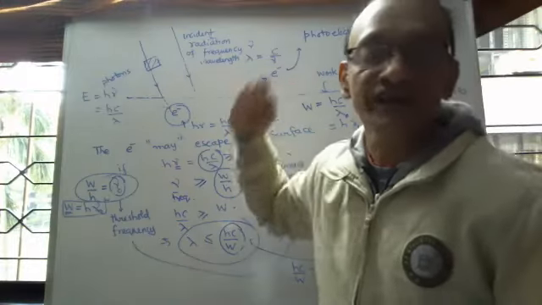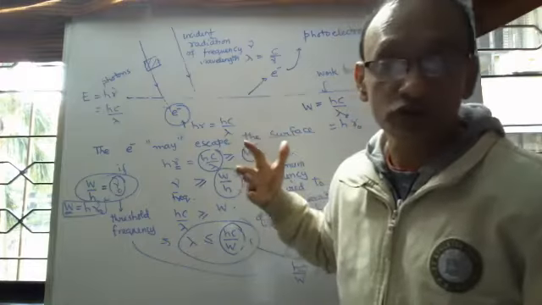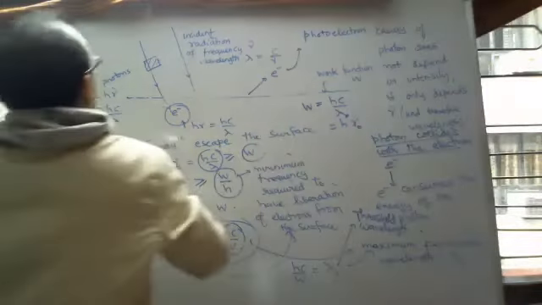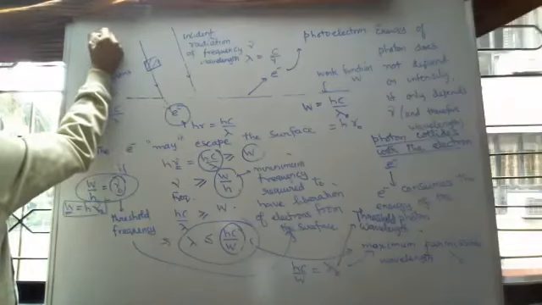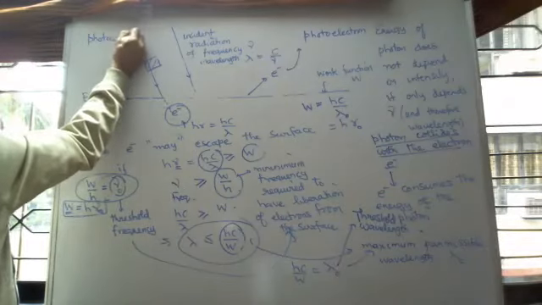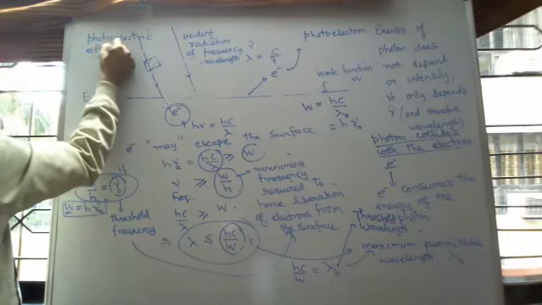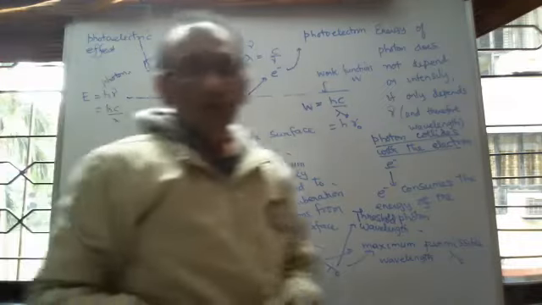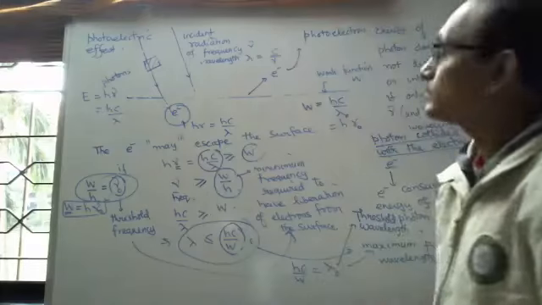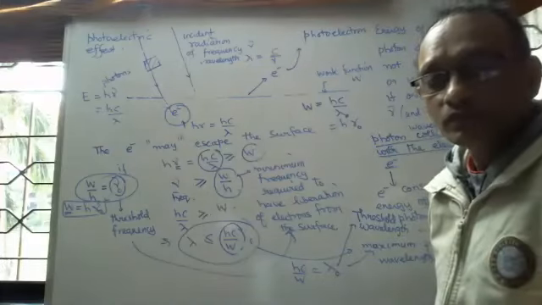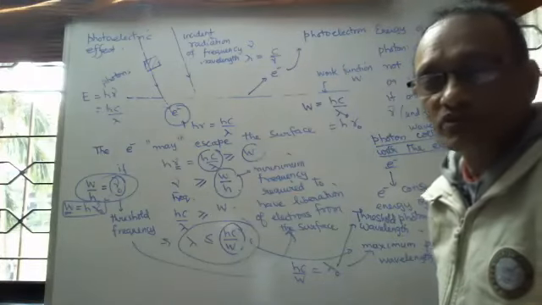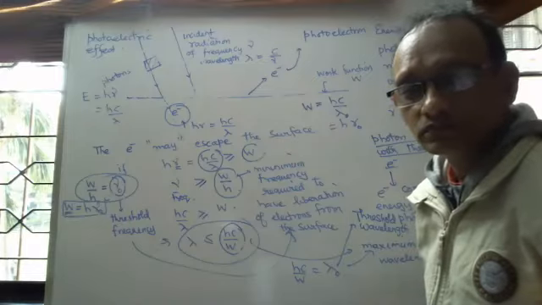And electrons that are liberated are called photoelectrons, and the phenomenon is called the photoelectric effect. समझ के?